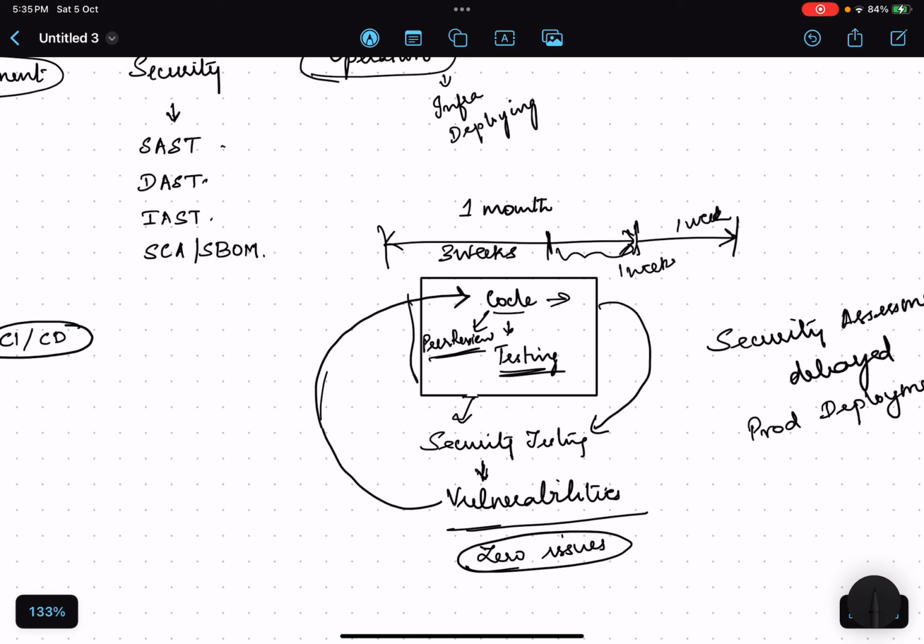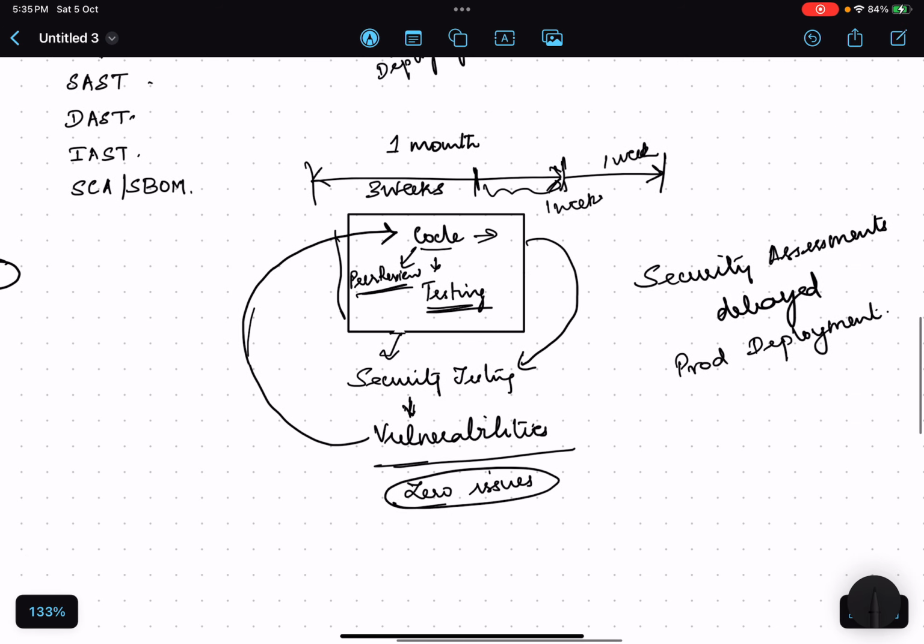When you are doing unit or functionality testing, security is integrated as part of that too. So instead of having one single window where the security test happens before the production deployment, here we are including security as part of every stage of the deployment.